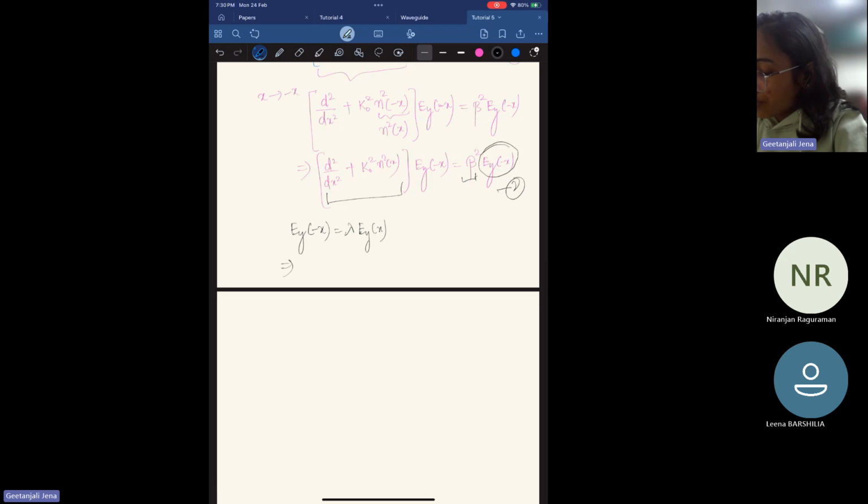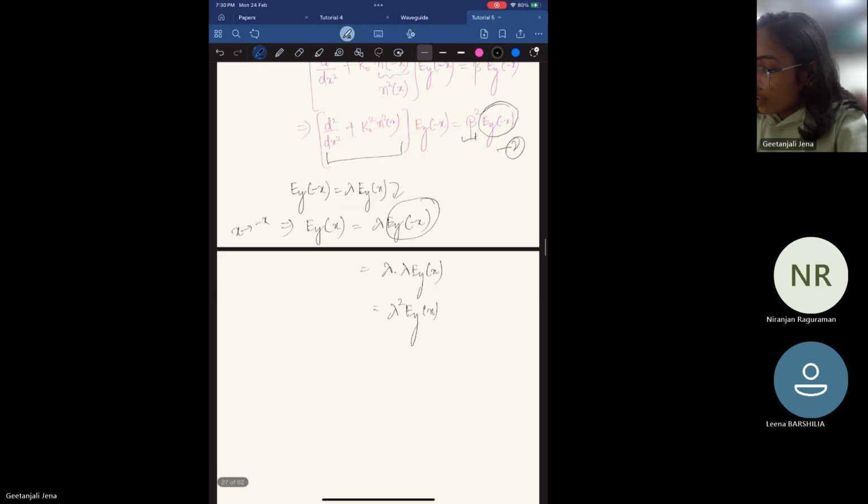So that means if you now again operate x to minus x, this will give Ey x equals lambda Ey minus x, and Ey minus x you can put as lambda times Ey x, which gives lambda square Ey x.